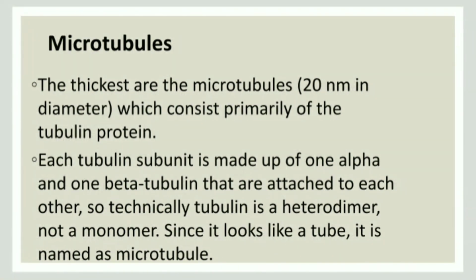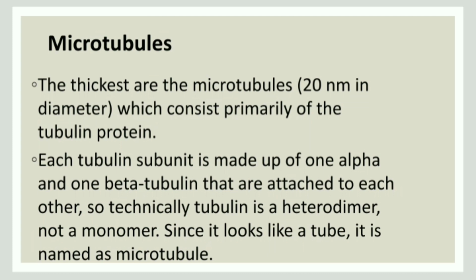Each tubulin is made up of one alpha and one beta tubulin. One alpha and one beta tubulin together form a tubulin subunit. So, a tubulin is not a monomer but a heterodimer, since it has one alpha and one beta.